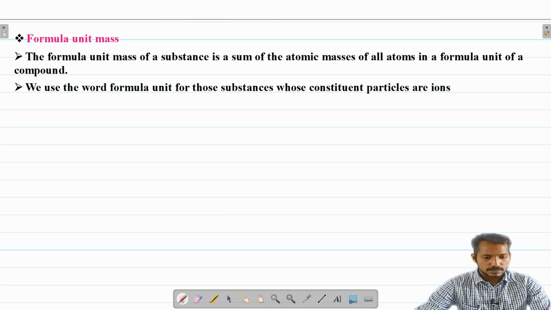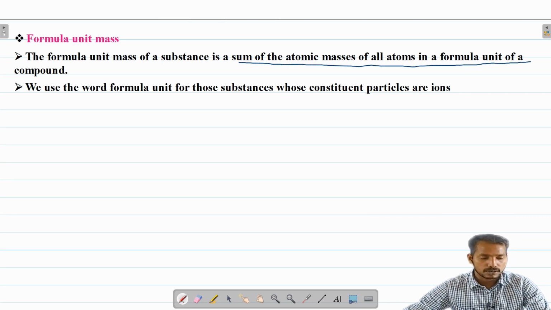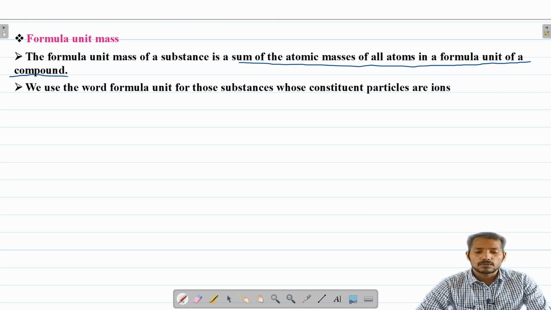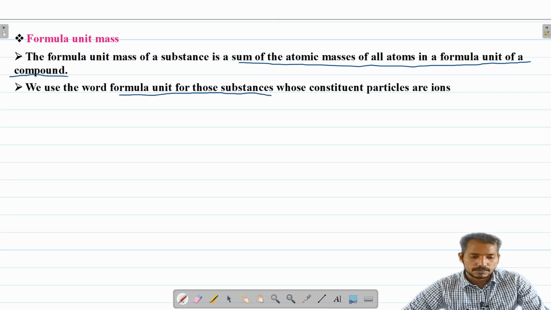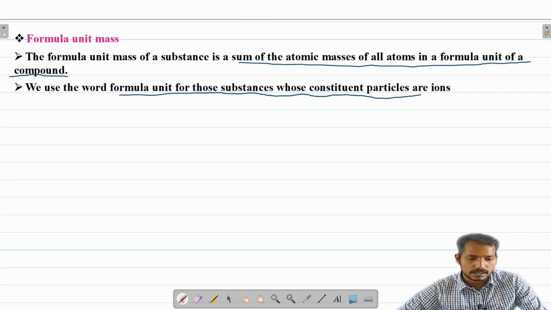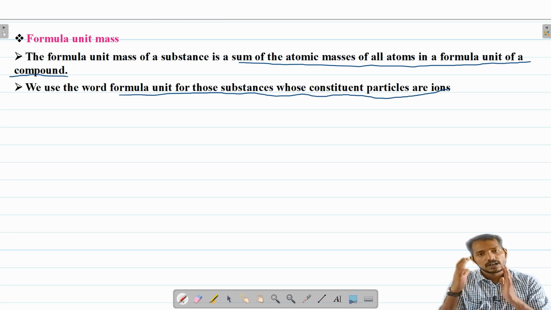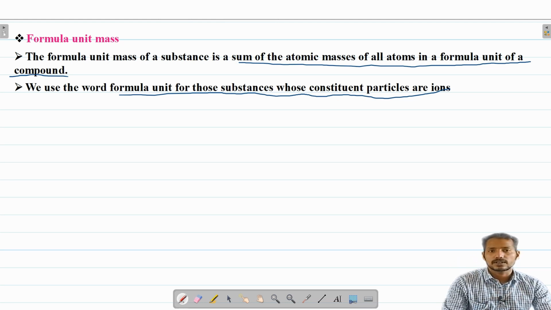Formula unit mass of a substance is the sum of atomic masses of all the atoms in the formula unit of a compound. And we use the formula unit for the substance whose constituent particles are ions. That is the difference between formula unit mass and molecular mass.